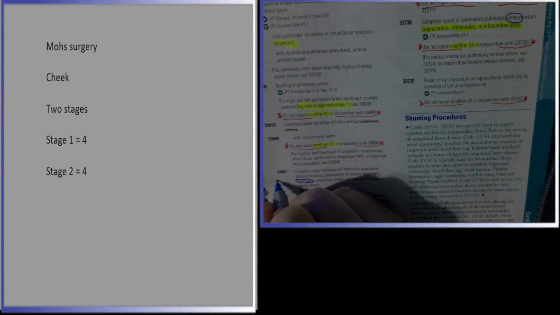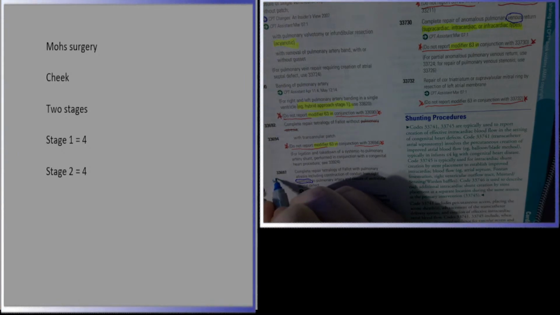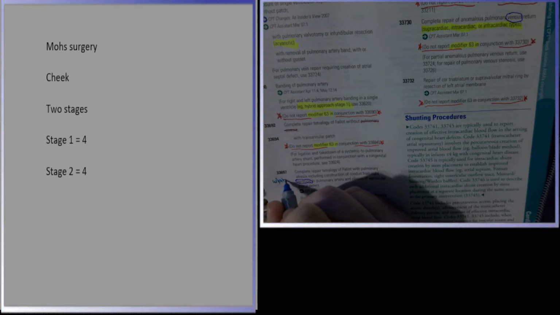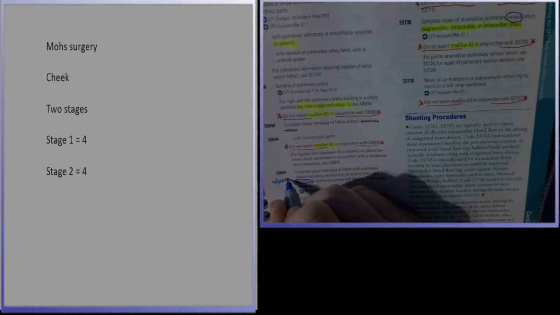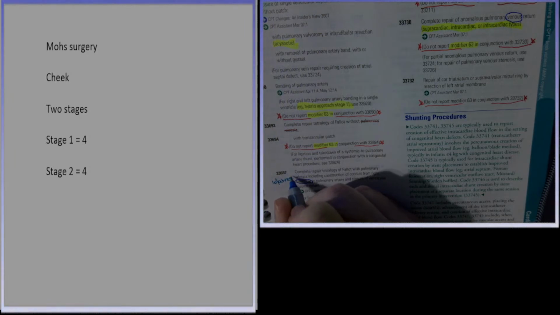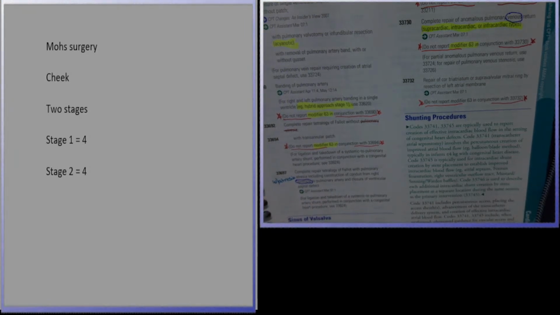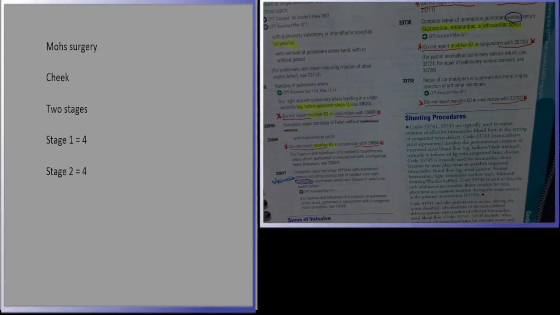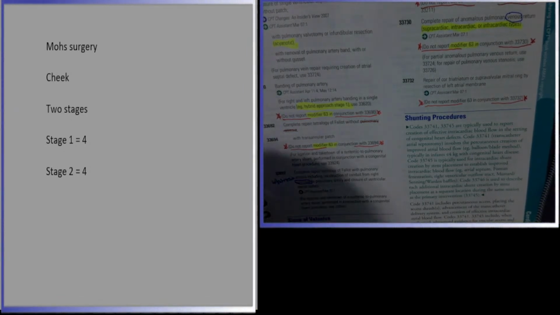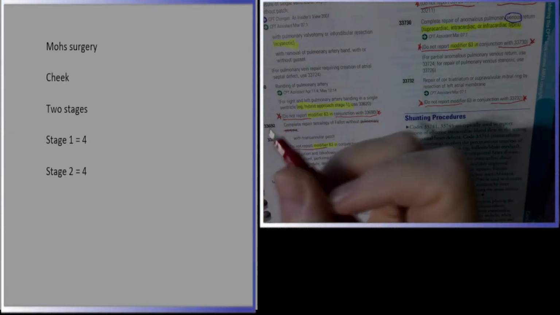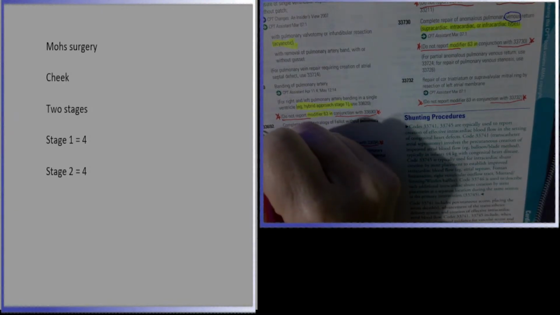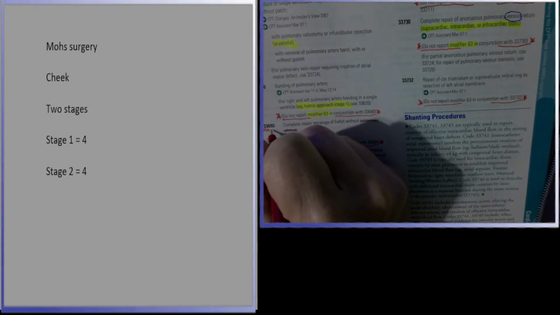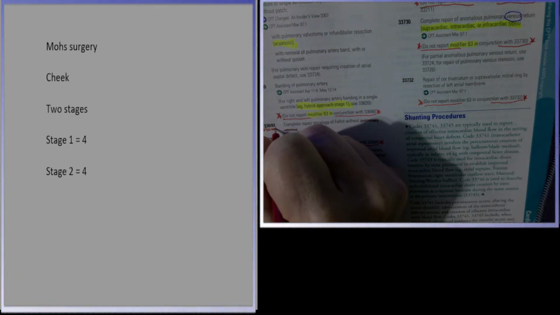So we can put right here "without atresia."